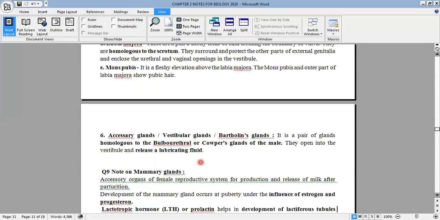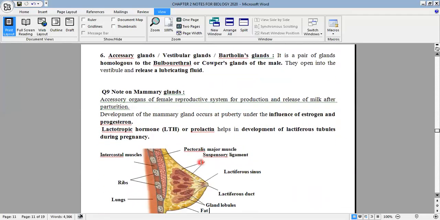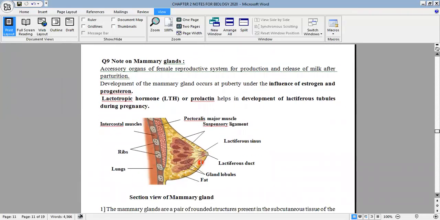Now, question number 9. Question number 9 asks for a note on mammary gland. Mammary glands, as we have seen earlier, are also a part of the female reproductive system. Mammary glands are the accessory organs of the female reproductive system for production and release of milk after parturition.